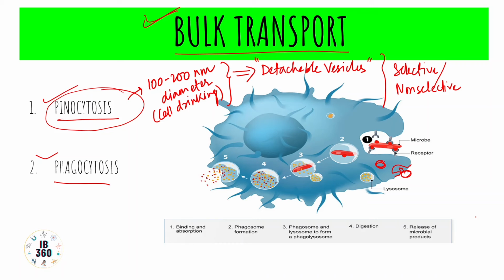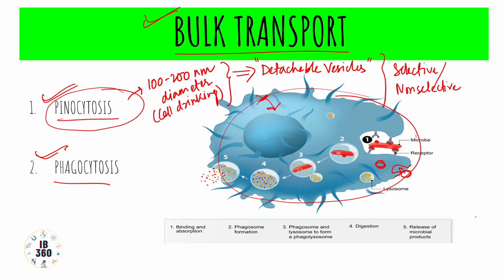Through our observation we can conclude that through both these processes, pinocytosis and phagocytosis, the circumference of the entire plasma membrane is reducing, because a part of the plasma membrane is getting inside the cytoplasm through formation of vesicles.